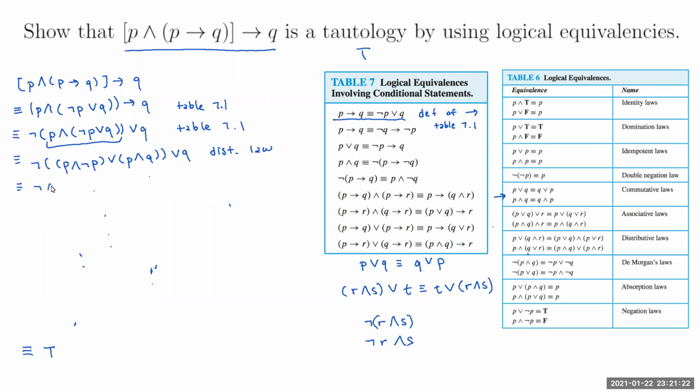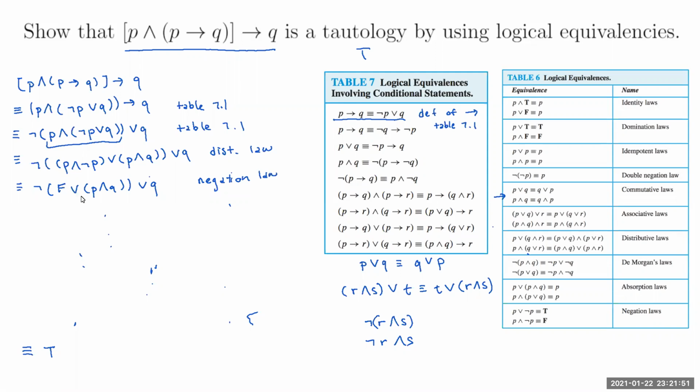So we're going to get not (false or (P and Q)) or Q. Notice I haven't dropped these parentheses. And this is by the negation law. Oops, why am I not writing negation law? So now we have that, and we see that we have false or something.